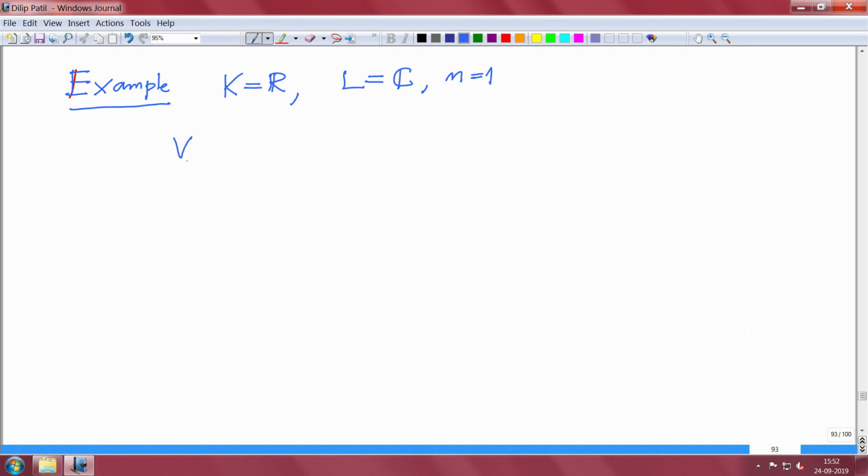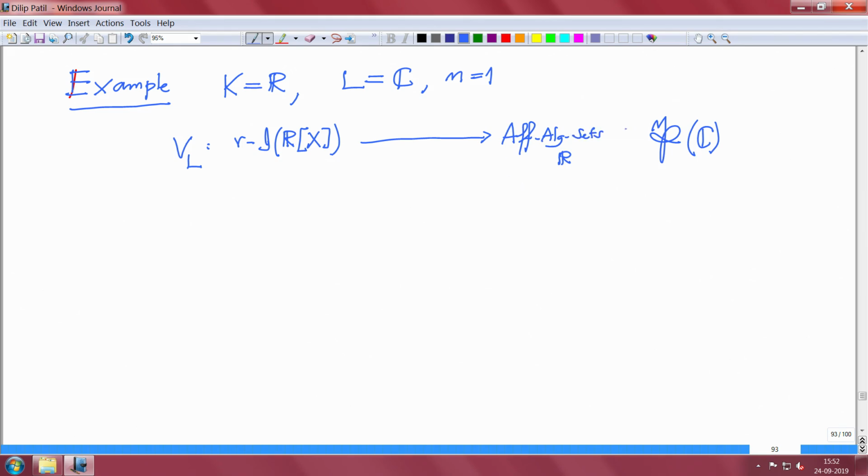V_L is a map from radical ideals of the polynomial ring over R in one variable, R[x], to the power set of L, which is the power set of C. And here are the affine algebraic sets.